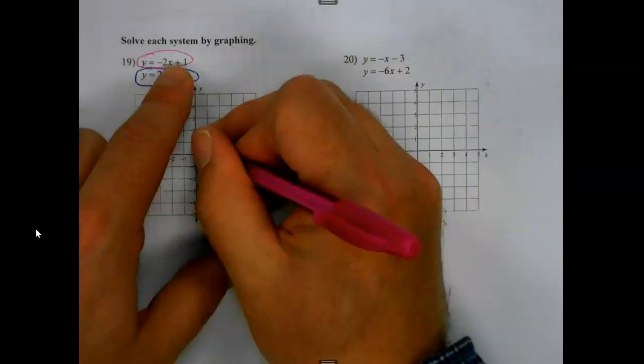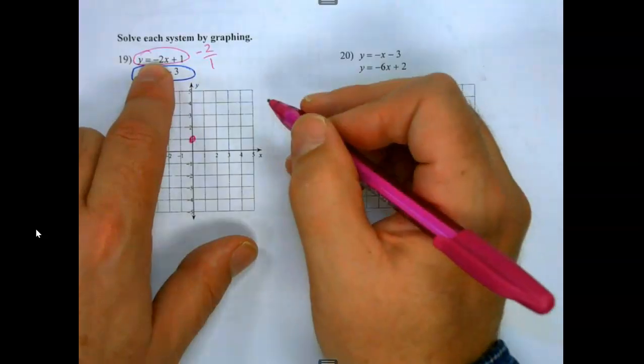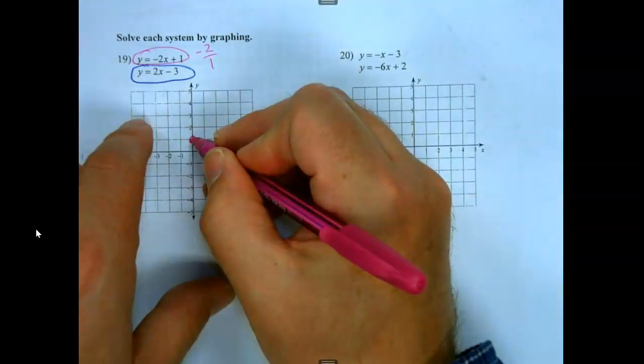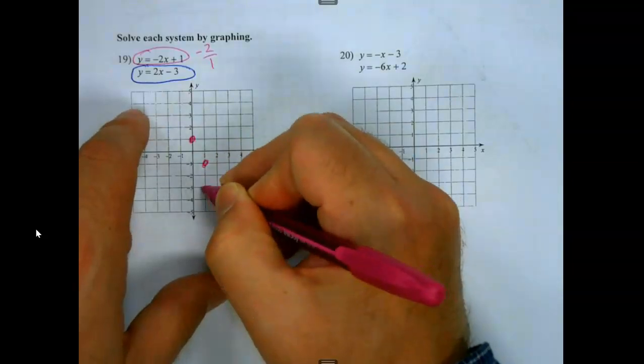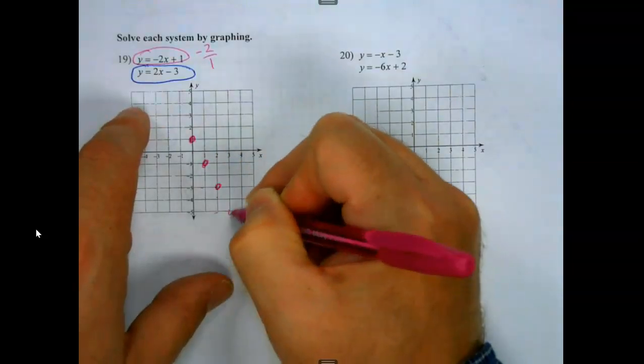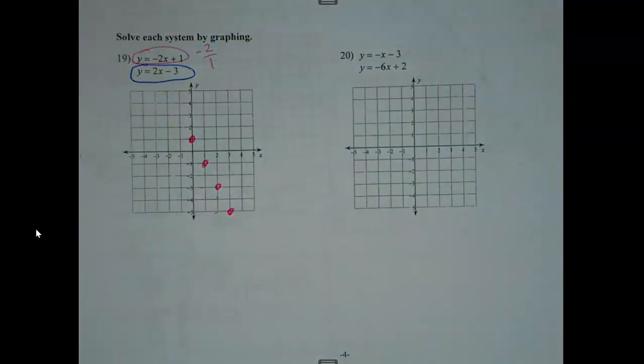Here's my y-intercept. My slope is negative 2 over 1. Down 2, right 1, down 2, right 1, down 2. Hardy, can I stop? I wouldn't. I still got half a graph I can graph on.